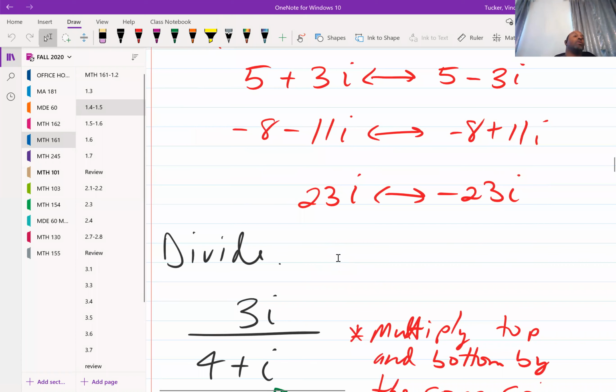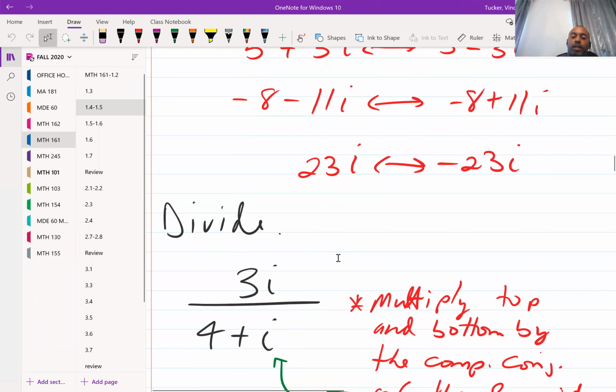All right, so last class, when we were dealing with this section, we did add, subtract, and multiplying complex numbers. So now we're looking at dividing complex numbers and what it means to divide a complex number. So we have 3i over 4 plus i.